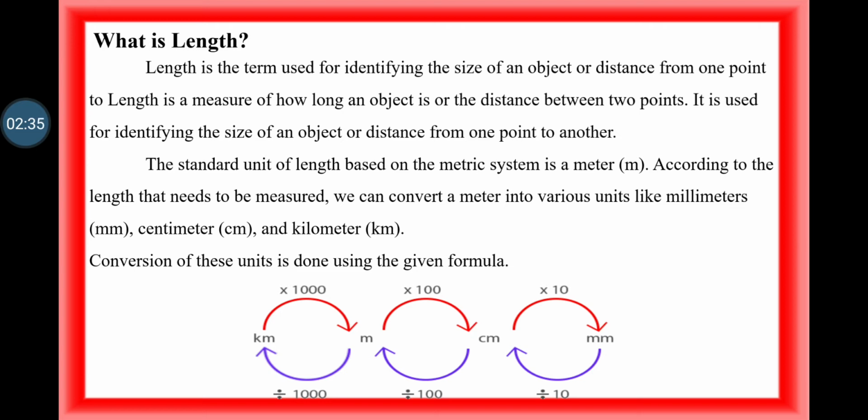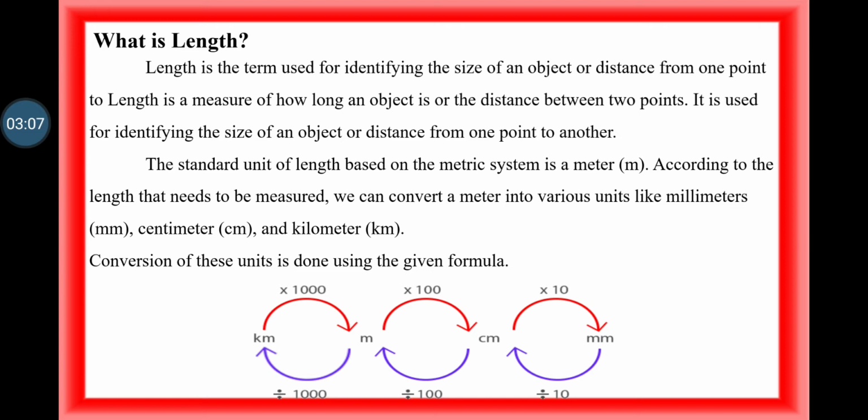When we are converting the kilometer into meter, we always multiply it by 1000, and when we convert the meter into kilometer, we always divide it by 1000. When we convert the meter into centimeter, we always multiply by 100, and when we convert the centimeter into meter, we always divide it by 100, as in 1 meter there are 100 centimeters.